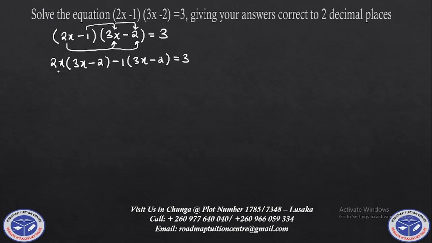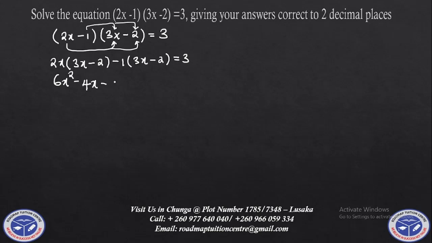So this 2x is multiplying everything in this bracket. 2x multiplied by 3x, we're going to have 6x squared. Then 2x multiplied by negative 2 will be negative 4x. Then negative 1 multiplied by 3x gives negative 3x.